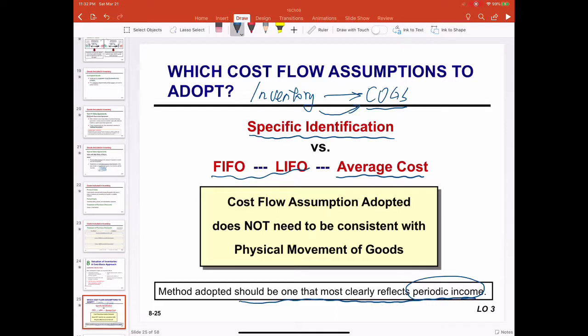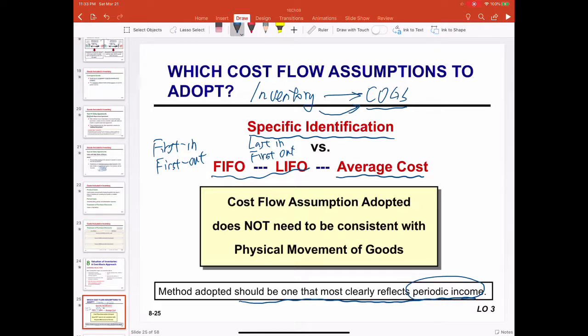FIFO means first in, first out. So if the inventory was acquired first, it should be sold first. LIFO is last in, first out. That means whichever was last purchased will be considered sold first.